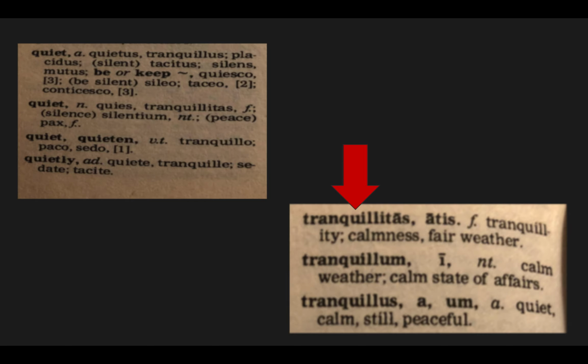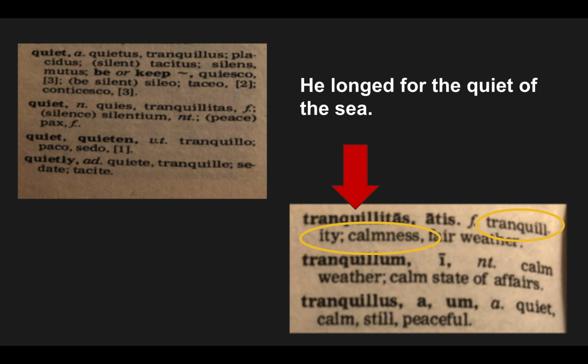Furthermore, you find out that it means tranquility and calmness. And then if you think about the sentence we were trying to use, he longed for the quiet of the sea, that's probably more what you're looking for, because if he's longing for the quiet of something, it's probably that he wants some repetition or some identifiable pattern or something that is less stressful.